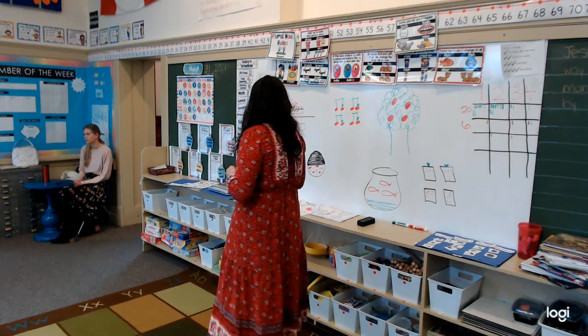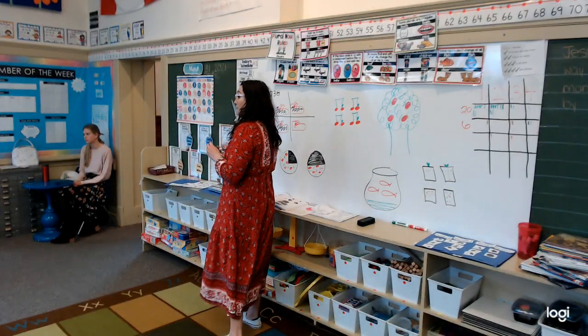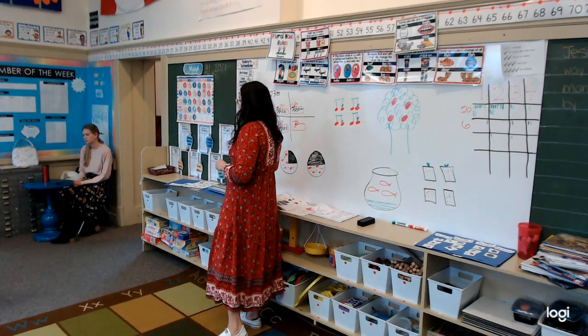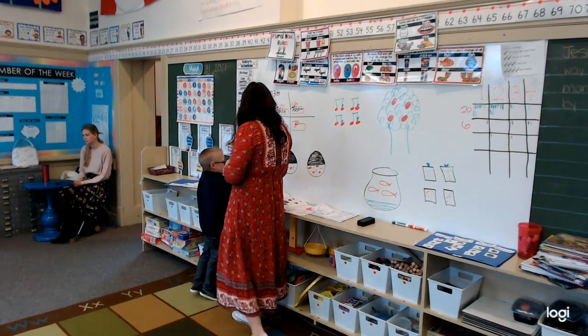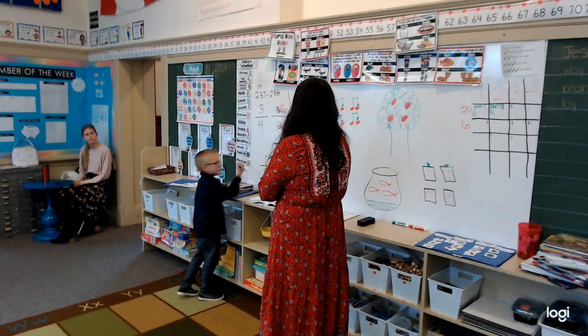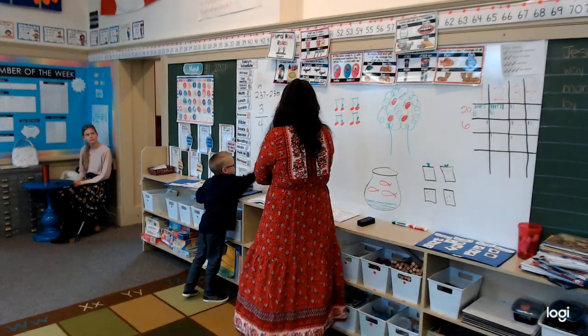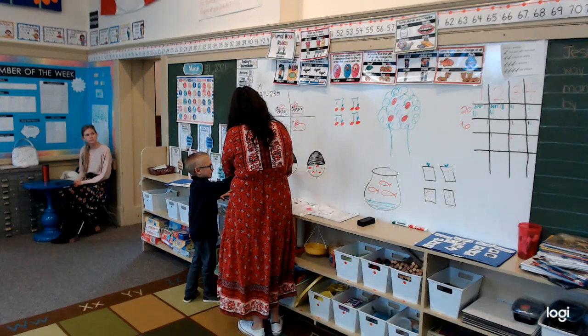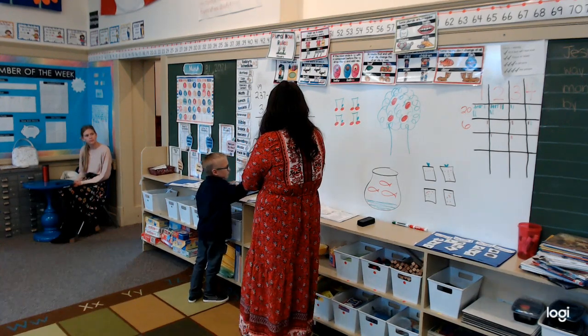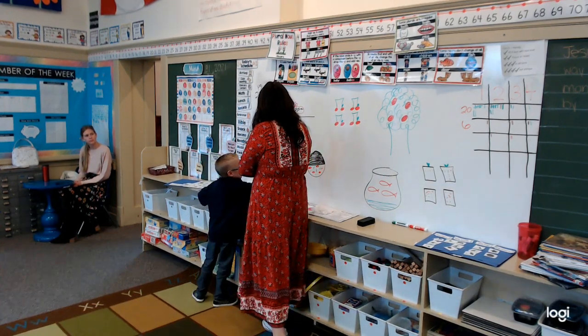Or you want to come up and write it in a fraction? Nice, 1/4. Beautiful. Do you want to draw the other slices so we can see how it's in fourths? 1, 2, 3, 4. Fantabulous.